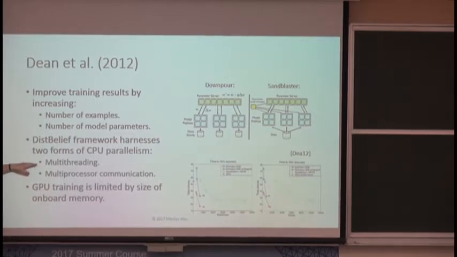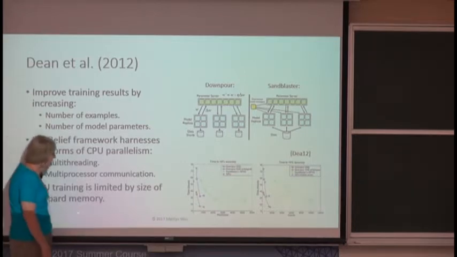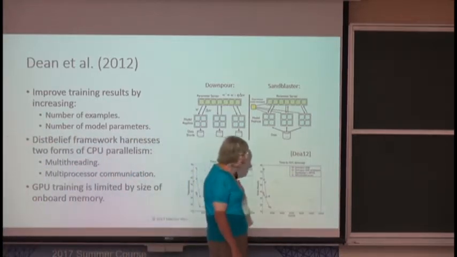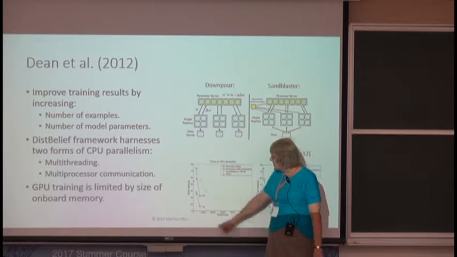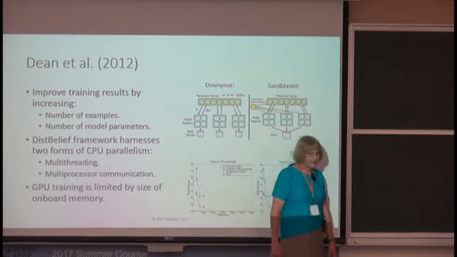So using multi-threading, spreading the computation across more threads on the GPU, and also using the communication mechanisms across different parts of the GPU and across GPUs themselves. They basically observe that the speed of GPU training is limited by the size of the onboard memory.